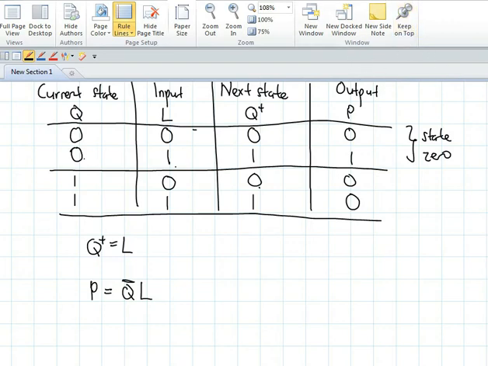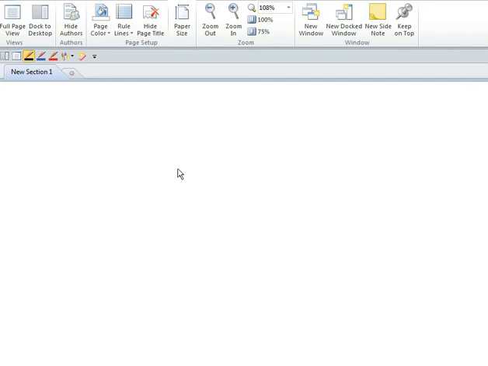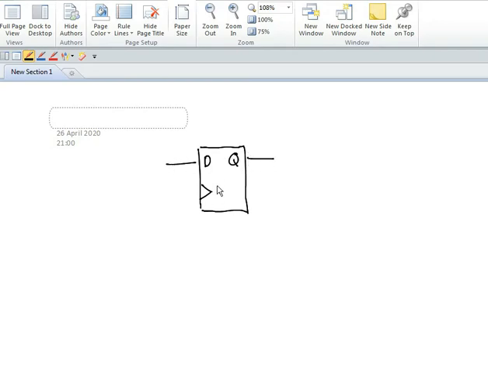Okay, so finally we can draw our circuit. Remember, we have 2 states, so we only need 1 D flip-flop. This is our state register.